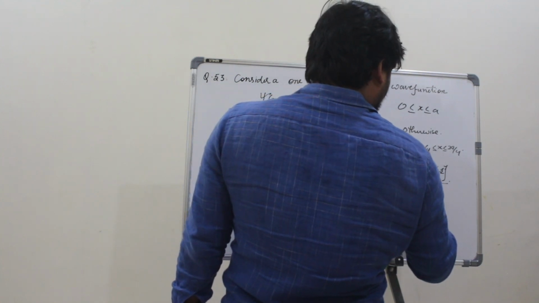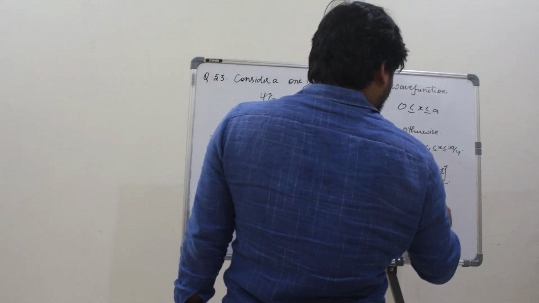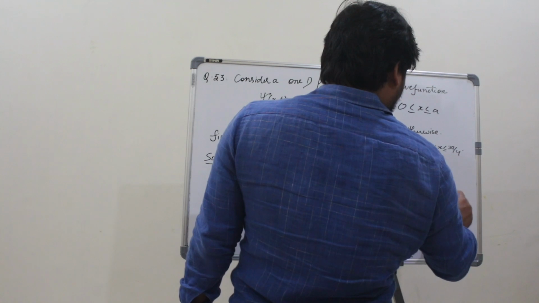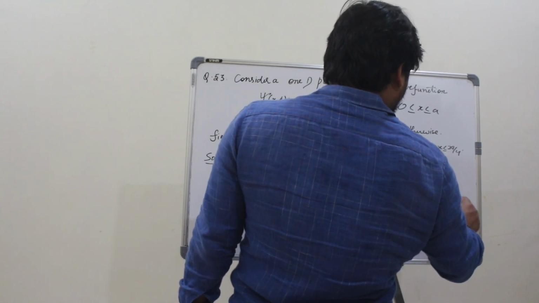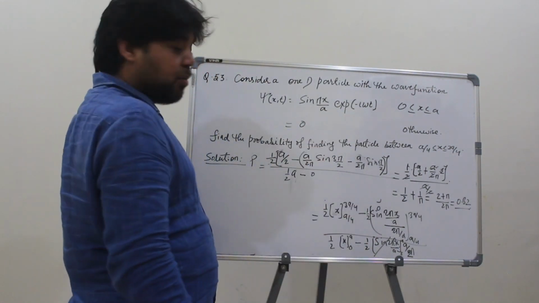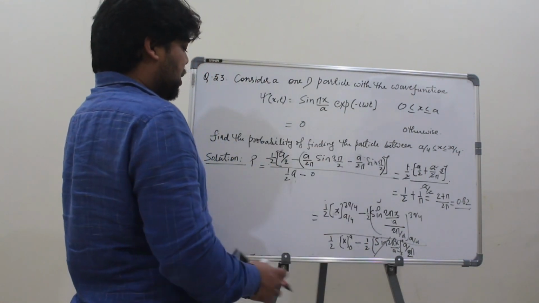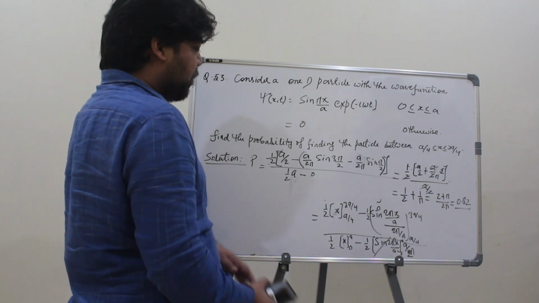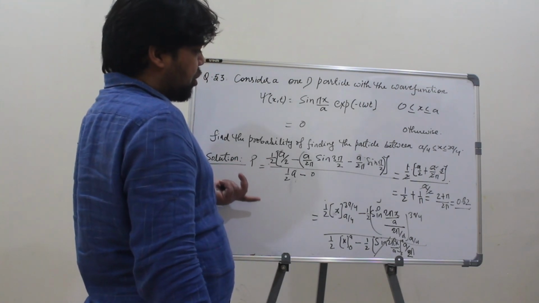So you are left with 1 by 2 plus 1 by pi, which is 2 plus pi divided by 2 pi, giving you 0.82 as the probability. So this is a simple but slightly involved problem, which is very useful in most exams.